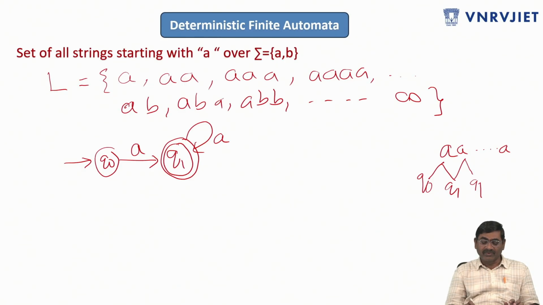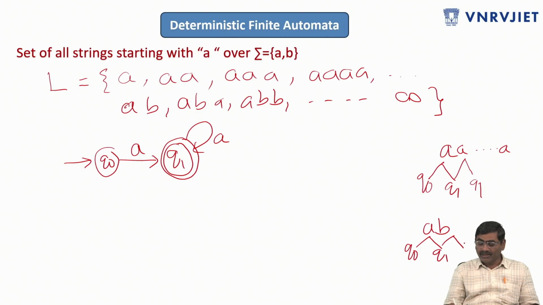Now we are going to verify one more string in the language L, that is AB. AB is a valid string. To verify this, again we need to consider the start state. The start state on A reaches the next state from the diagram, that is Q1.